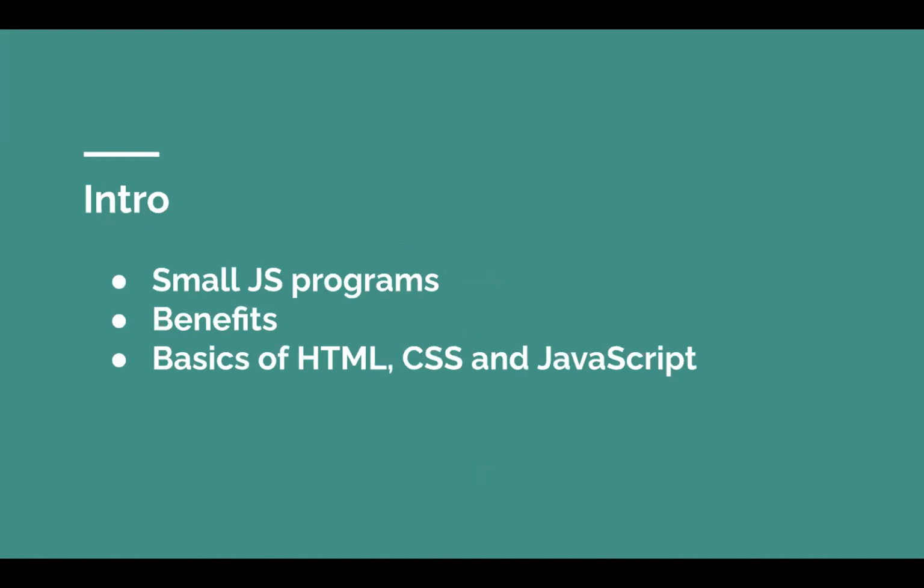So basically, these Chrome extensions are small JavaScript programs embedded into your Chrome browser, correct? It can do a lot of things. It can access all the elements on your browser, and you can create wonderful applications out of it. Some benefits: it helps you stay organized.